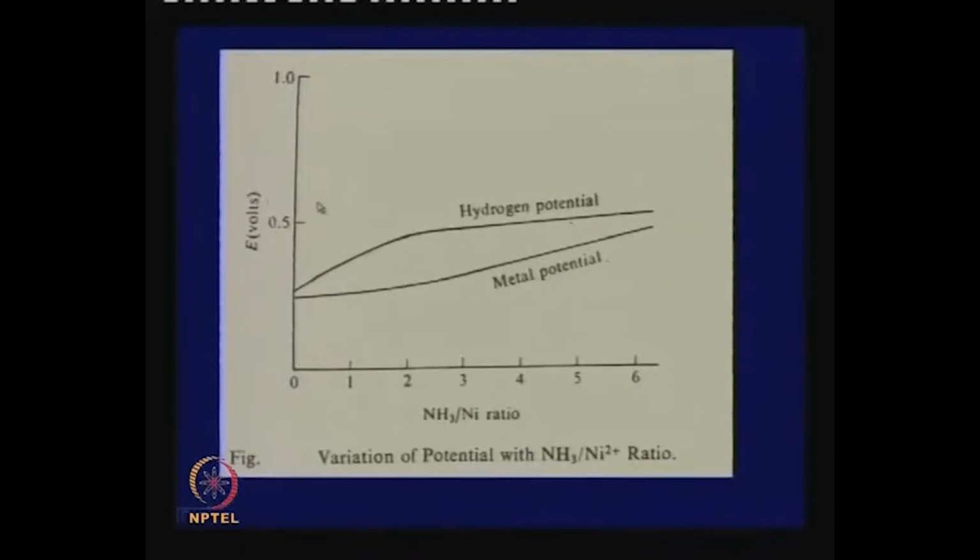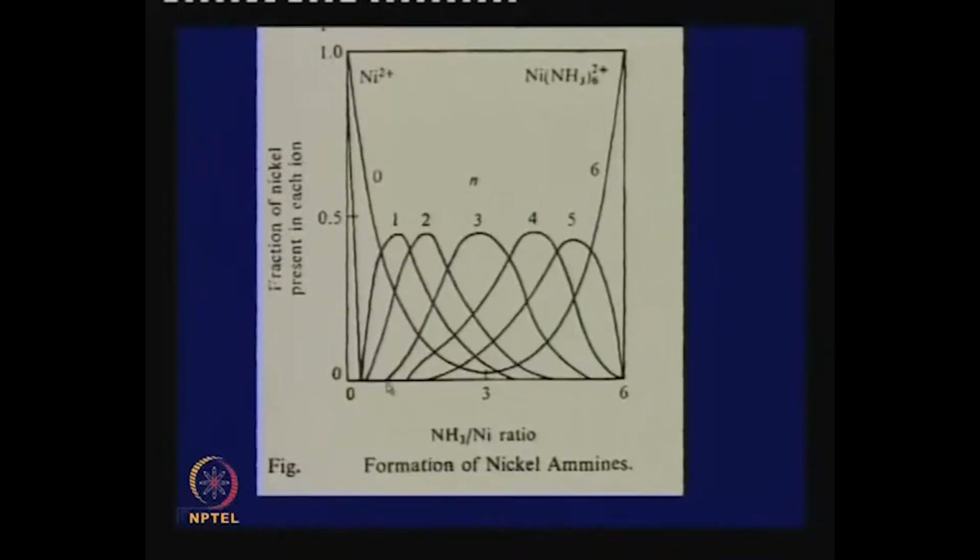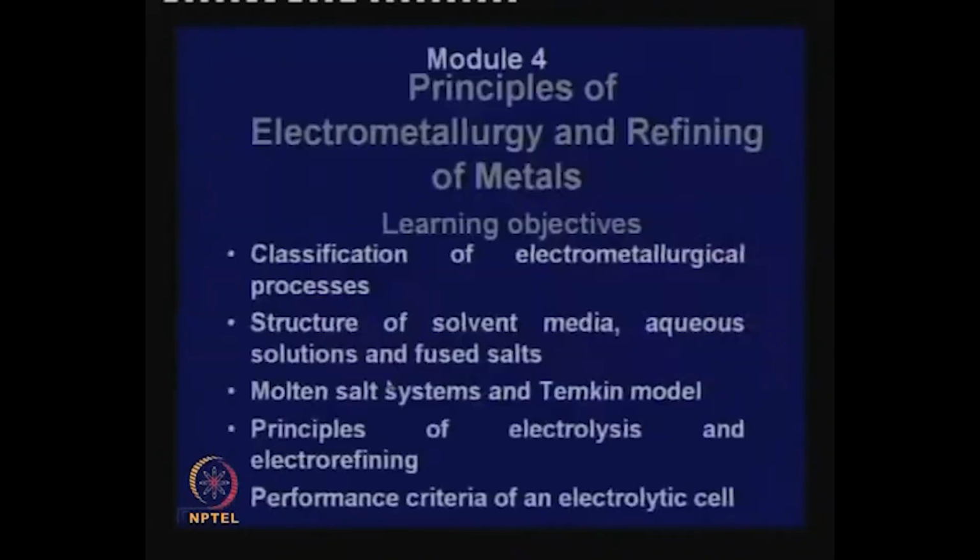So we said precautions have to be taken, and one way would be to stabilize the metal ion as an amine, and we have discussed the optimum condition, say in the case of nickel, and several other things.